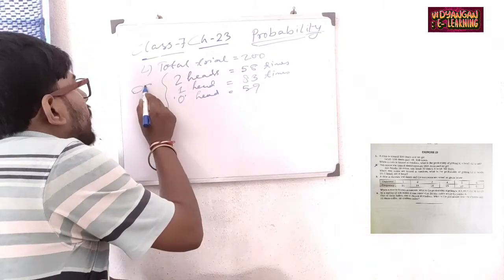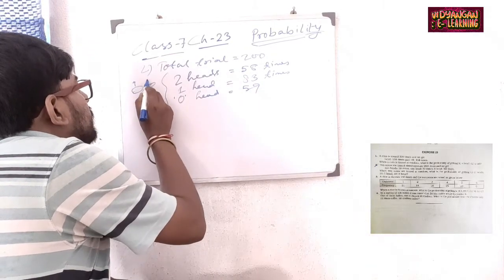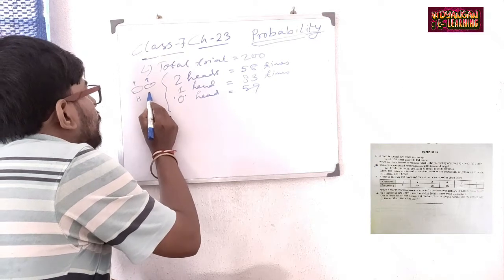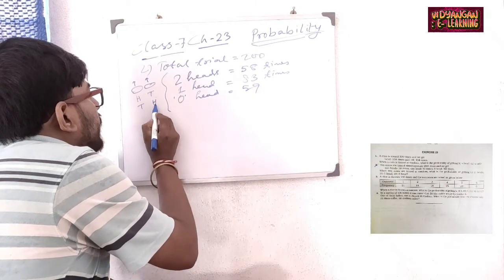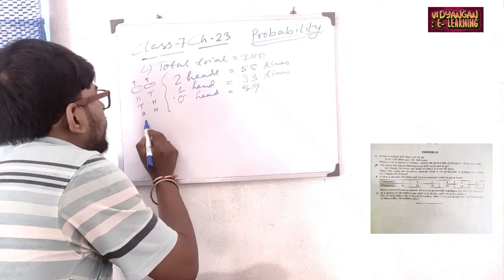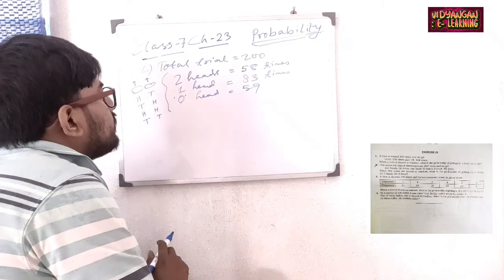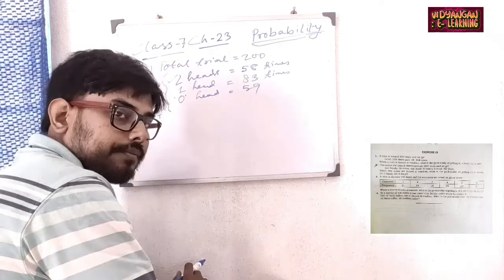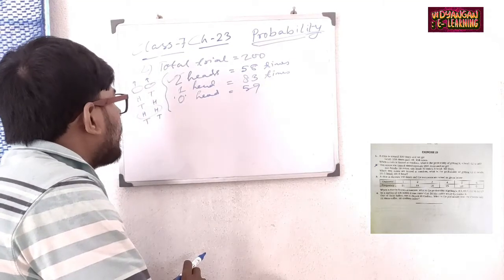This means when two coins are tossed at the same time, we may get one head and one tail, one tail and one head, both heads or both tails. For two heads, both are heads.